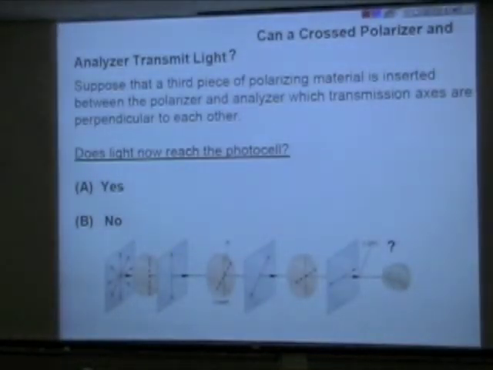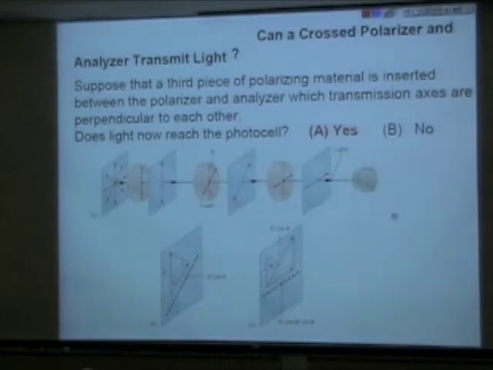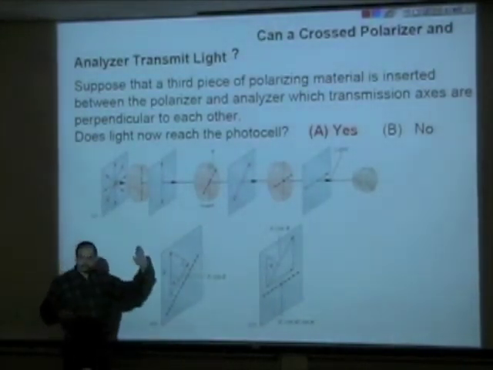Why? Because now we don't have a 90 degrees angle, neither between the light and the first polarizer, nor the second, nor the third. What we should draw is a picture like that. So intensity, of course, changes.